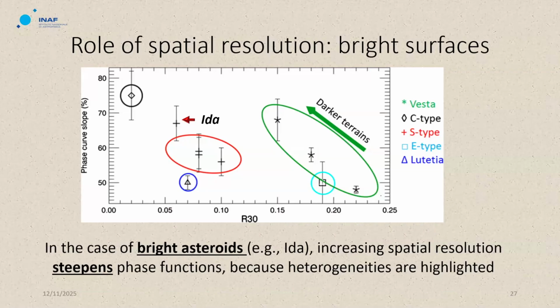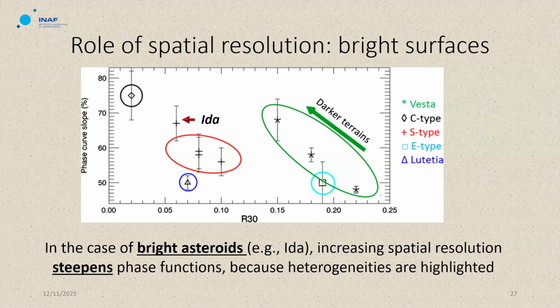Similar means that we have a variation of phase function shape when spatial resolution is smaller or larger than 100 meters, more or less. We can see 100 meters is the threshold above or under which the phase function shape changes.